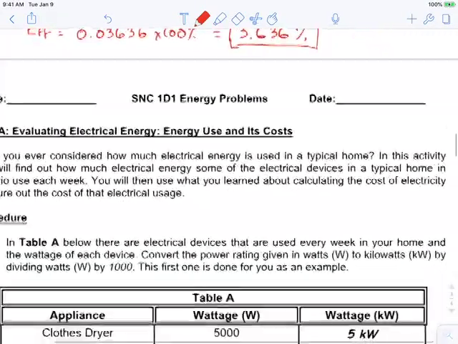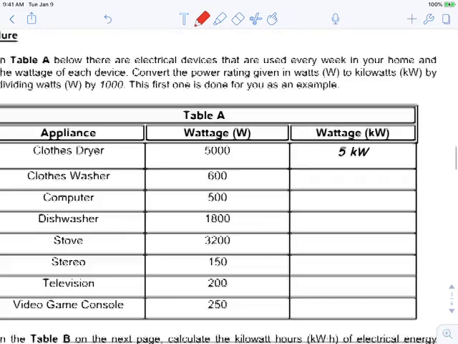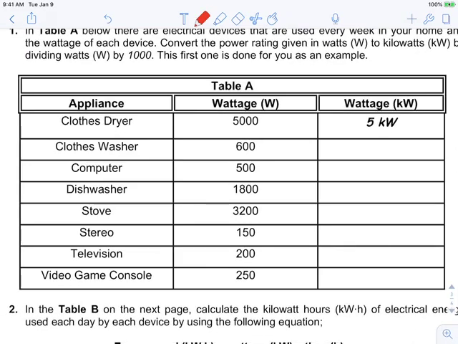The very first thing you need to do: we're going to be looking at how much it costs to run your house. All of these wattages need to get changed from watts into kilowatts, and by now you should have a good idea how to do that. To go from watts to kilowatts, you're always going to be dividing by 1,000.